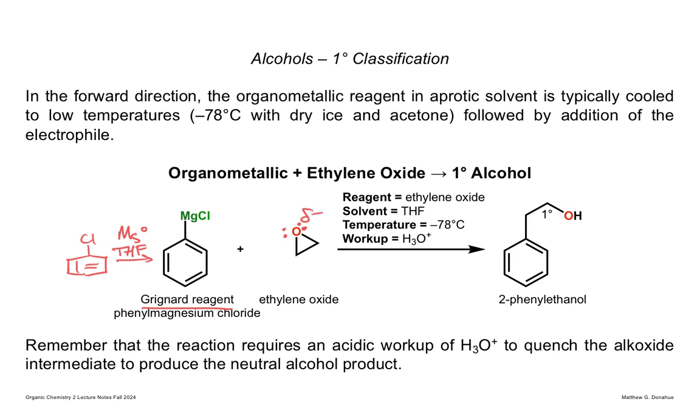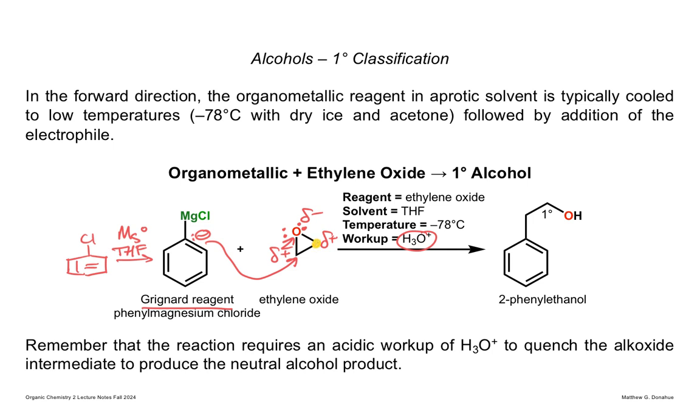again, oxygen's delta minus. It doesn't matter which carbon in this case you attack. So this negative will attack a carbon, and then we break open the ring. We do the acidic workup, and now we have an alcohol. Just to point out, maybe I'll highlight this one in yellow.